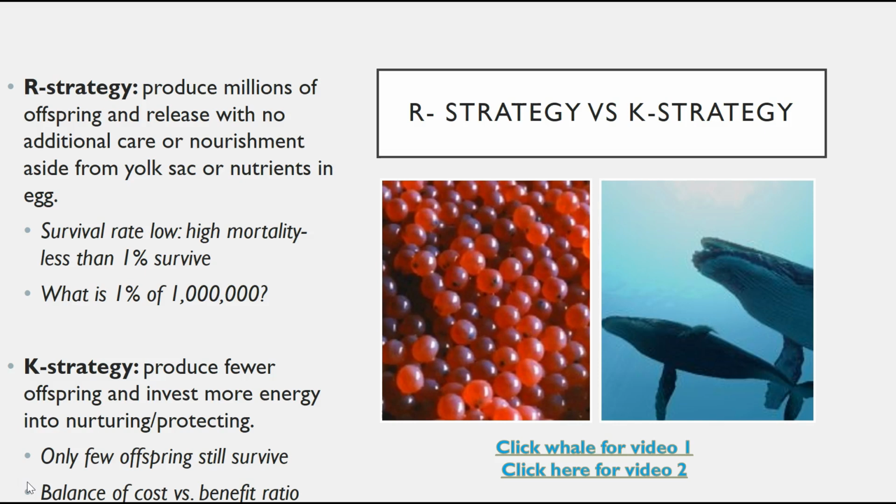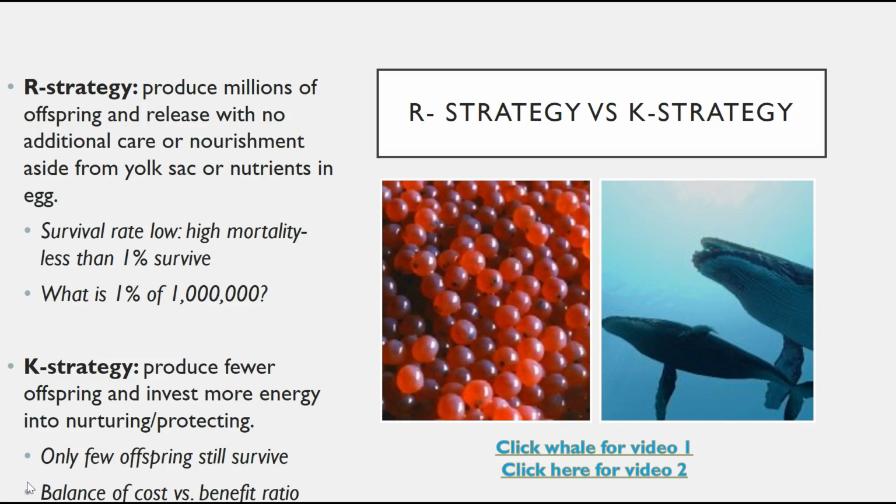R strategy is when there are many eggs produced, but there's no additional care after fertilization occurs. So a lot of times this is going to be a concept that occurs in our external fertilizers, but it can also be in an internal fertilization strategy as well.